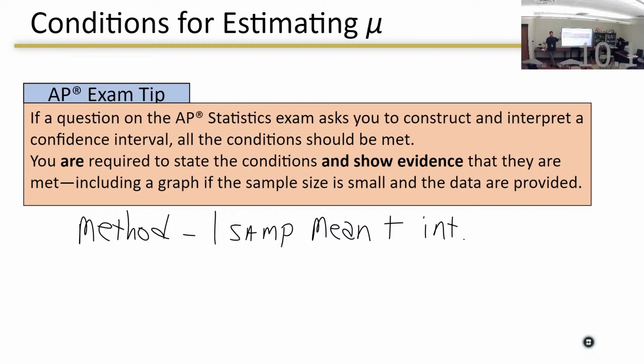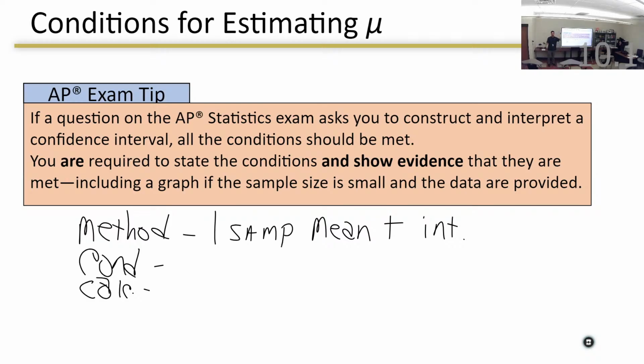Or you can write the formula. I think this is a better idea. You got to have the method. You got to have the conditions. There's 3 of those bad boys. You got to have some type of calculations, right?